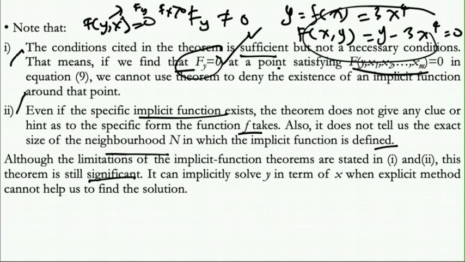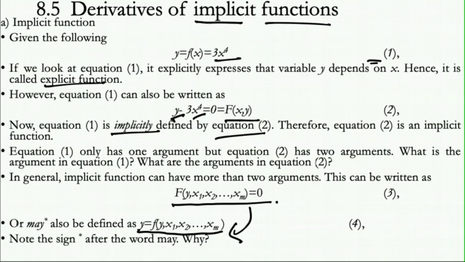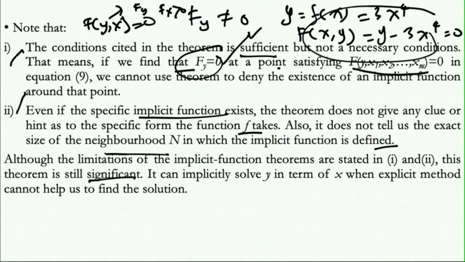Now, what does it mean here? You might be wondering, from this slide until this, I keep talking about the concept and the theorems of implicit function. But what does the implicit function mean anyway? Why do we need an implicit function when we already have an explicit function?